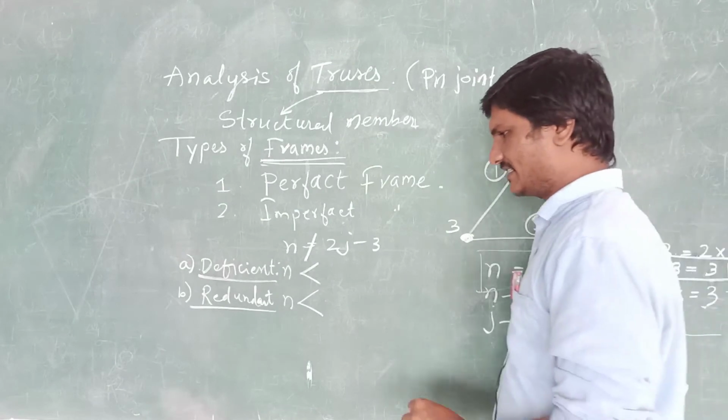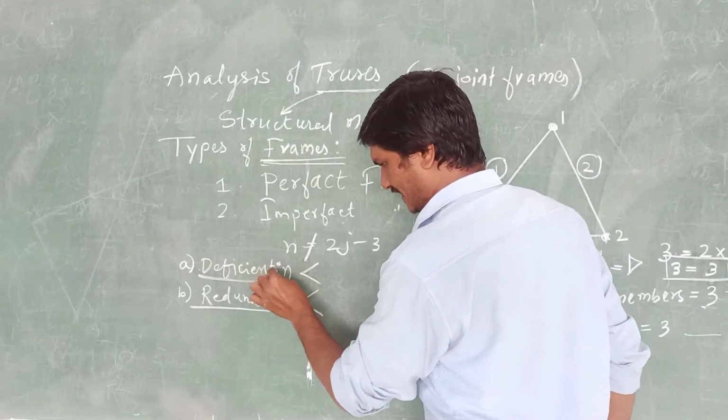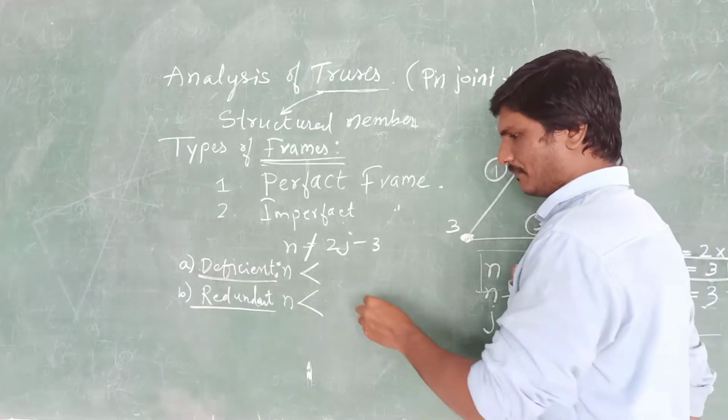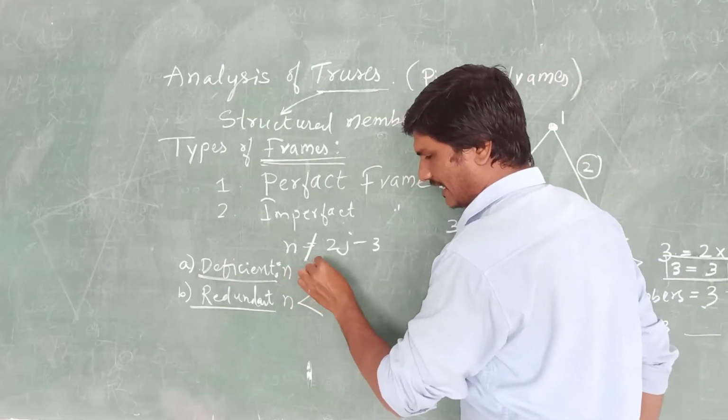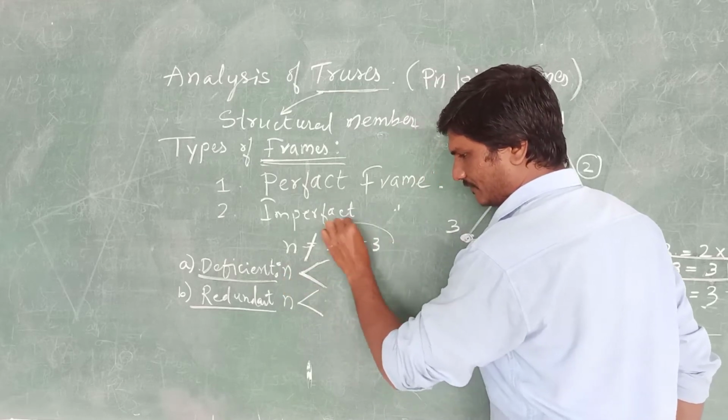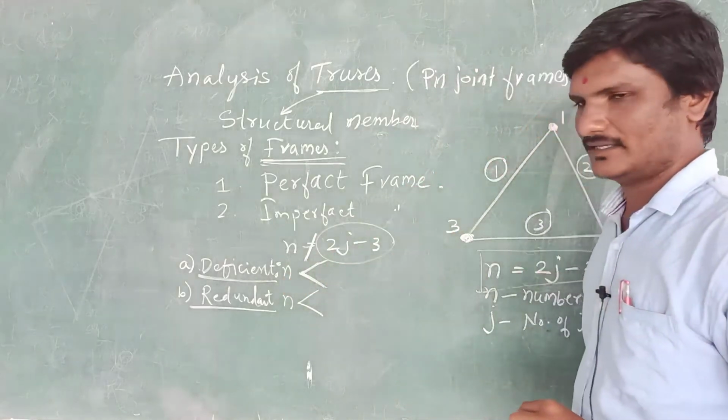We say it is a deficient imperfect frame when the number of members is less than the equation.